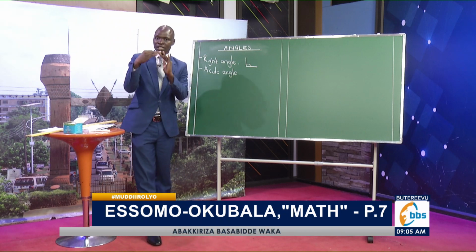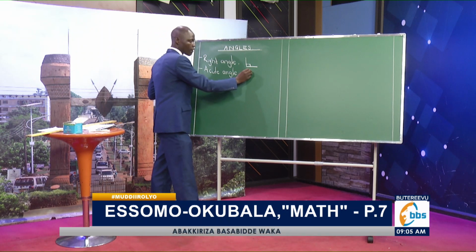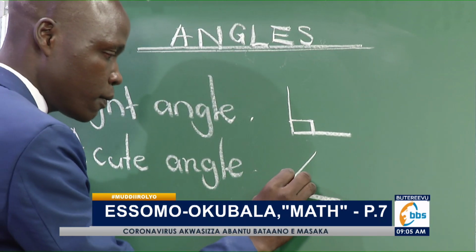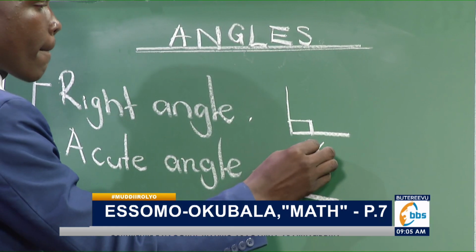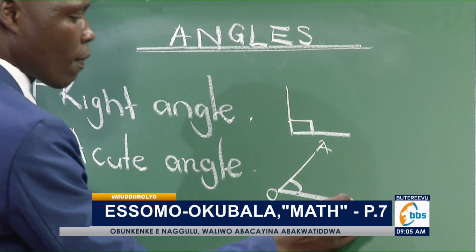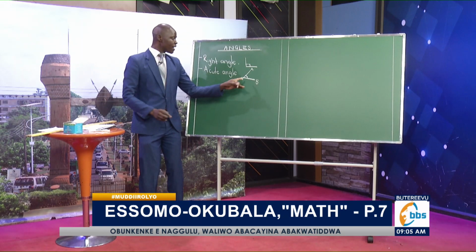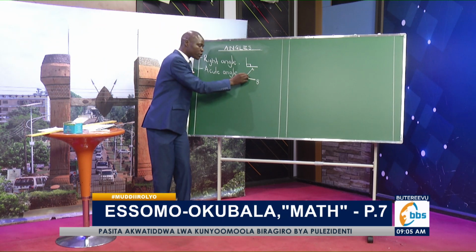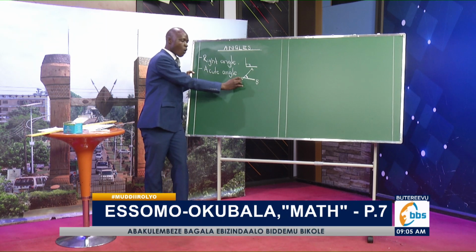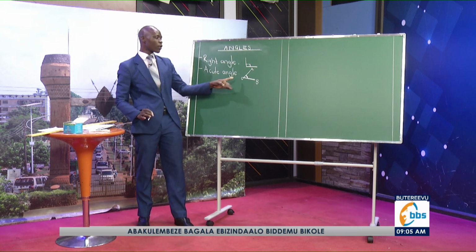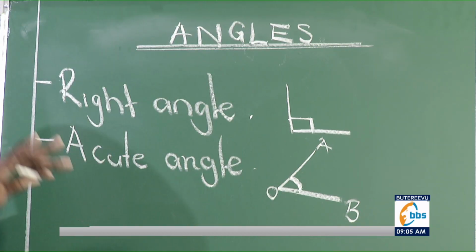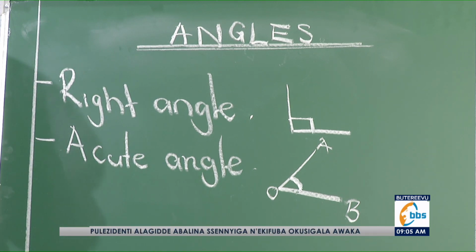Those are called acute angles. Angle AOB is an acute angle formed at that point. It is less than 90 degrees. All angles that are less than 90 degrees are called acute angles.